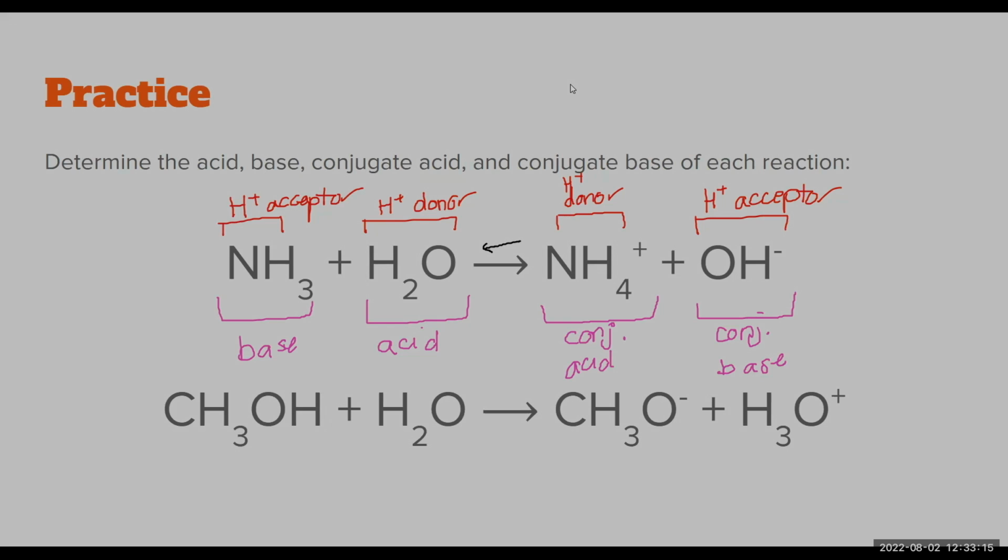If we compare the starting material and the product, we will notice that CH3OH, methanol, has donated one of its hydrogens over to water. That's how we ended up getting H3O+ in the product. And the CH3O- has lost one of its hydrogens. Therefore, it's going to be the hydrogen donor because it donated away its hydrogen.